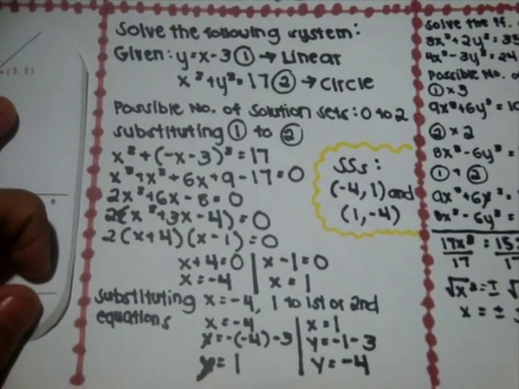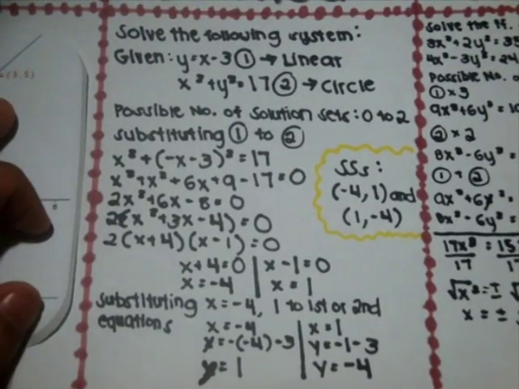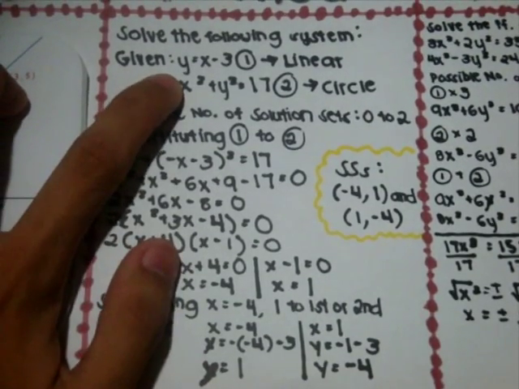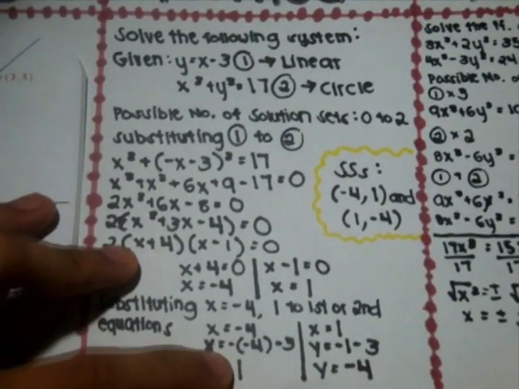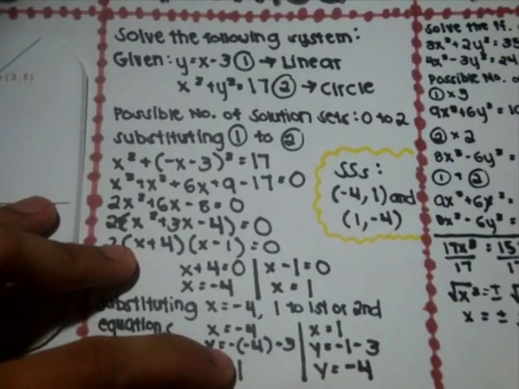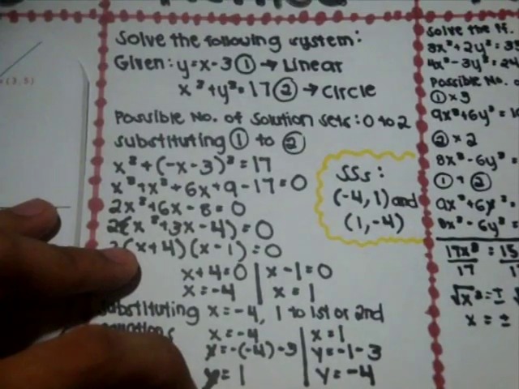Substituting x is equal to negative 4 and 1 to the first or second equation, I prefer the first equation because it's not more complex than the second equation. So, we have y is equal to negative times negative 4 minus 3, which we arrive at the answer y is equal to 1.